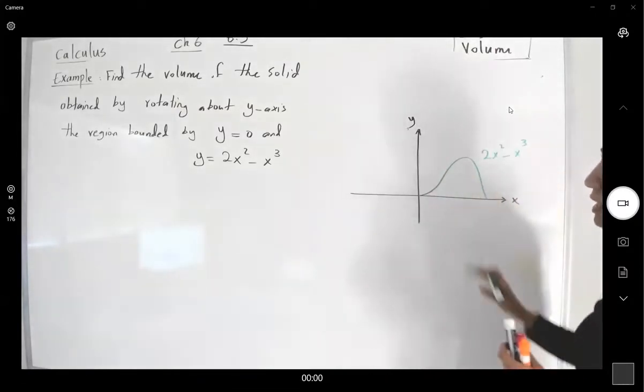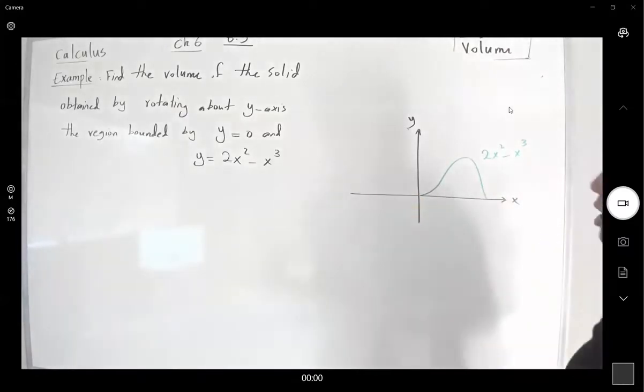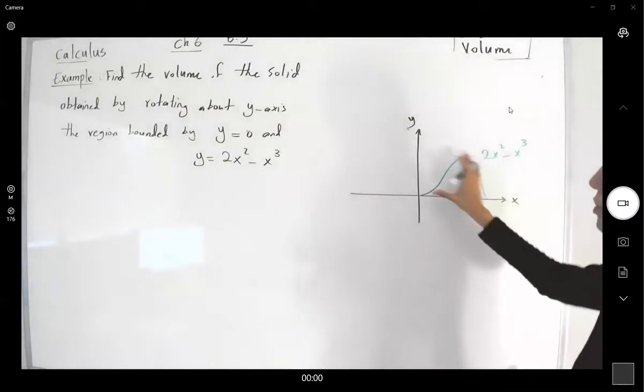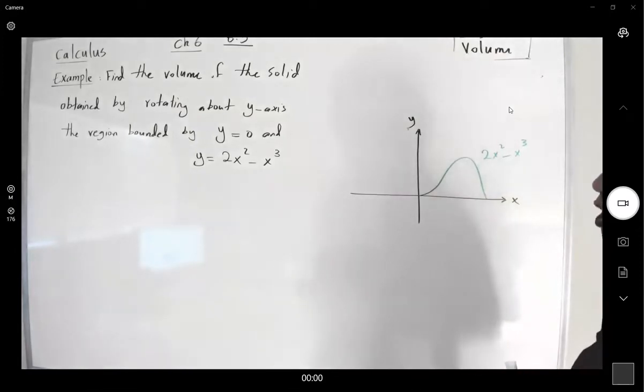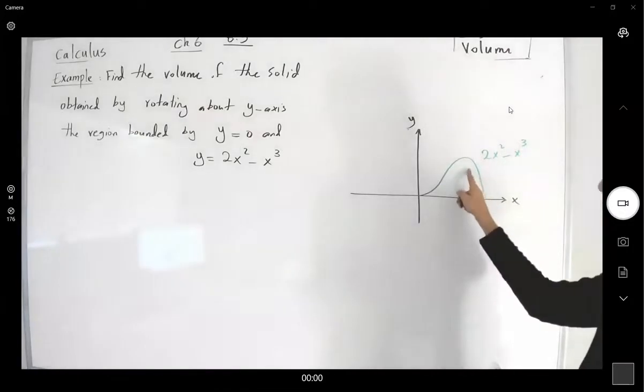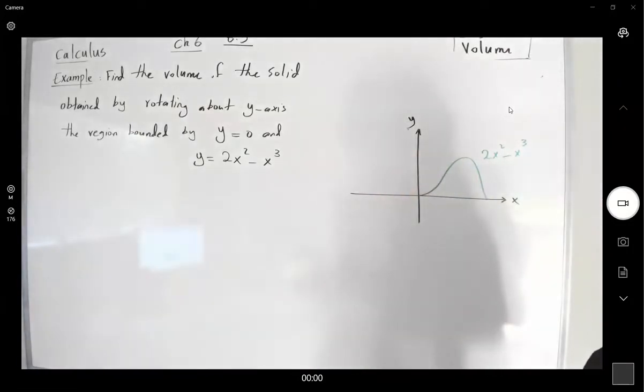And we take the region between y equals 2x squared minus x cubed and y equals 0, and then we rotate that about the y-axis.